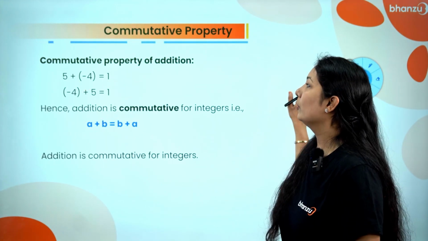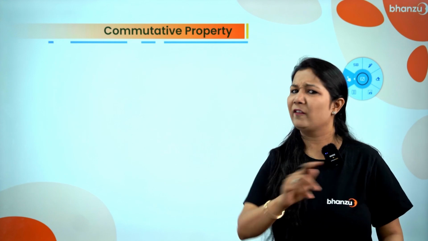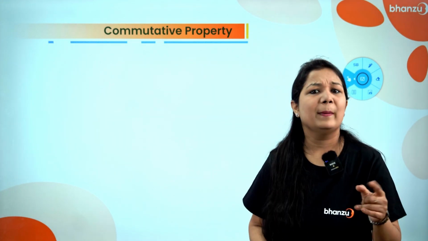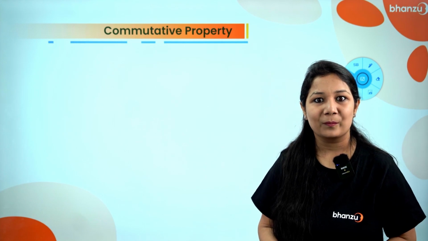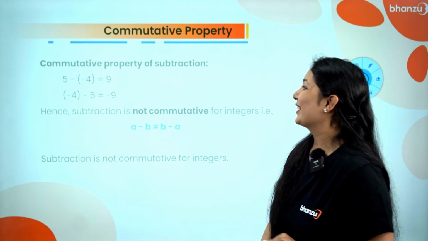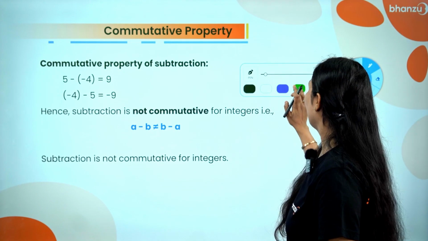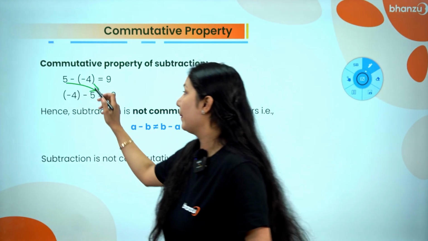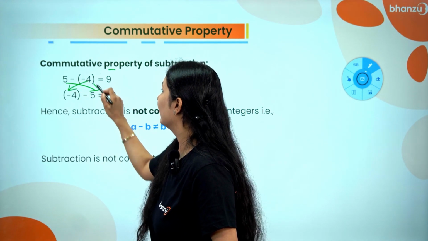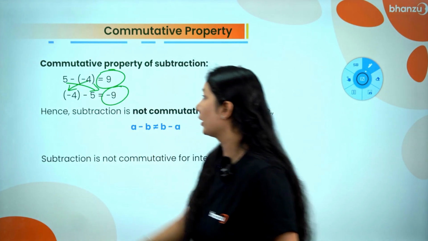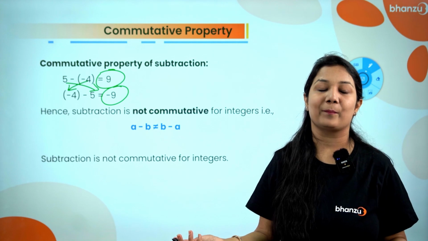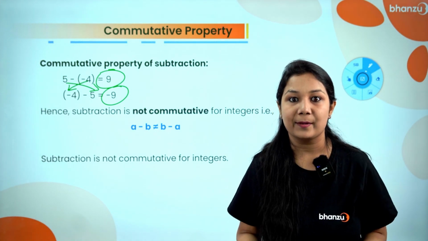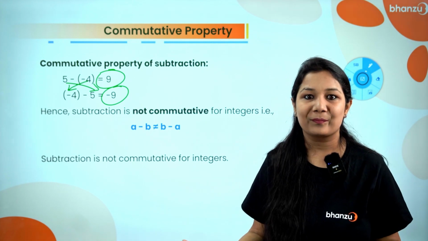Let's try it out for subtraction now. If we interchange the position of the integers, do you think we'll be getting the same answer in subtraction? Let's see. So here you can see that we have 5, we have interchanged the position, minus 4, we have interchanged the position, but the answer we got after subtraction is not the same. 9 and minus 9, even though the digits are the same, the signs aren't the same.